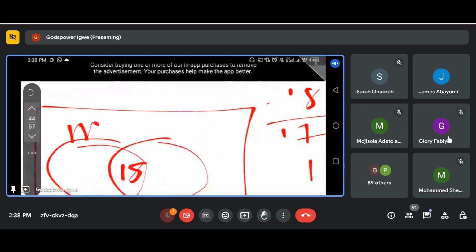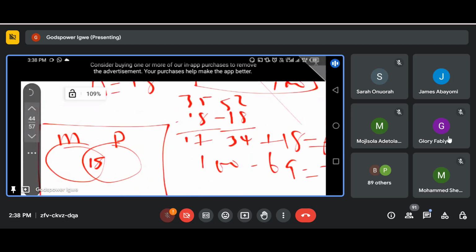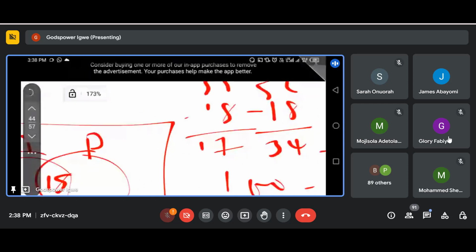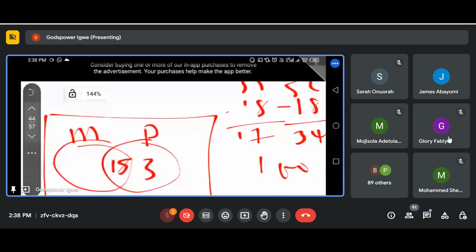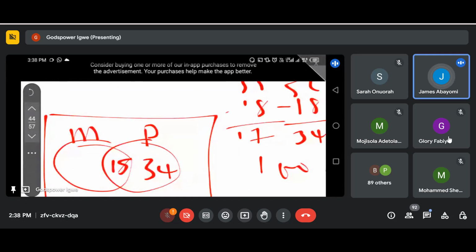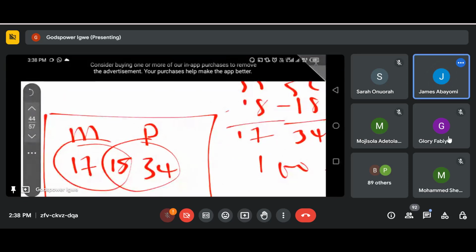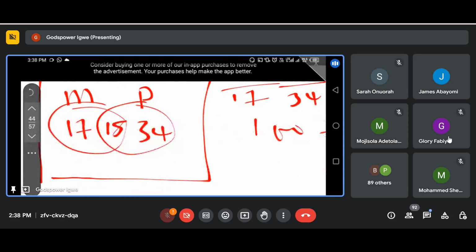Let me title this: this is set M, set P. So how many persons are left when we remove 18 from set P? We have 34. How many are left when we remove 18 from set M? We have 17. So how many persons in total are involved in this exercise of maths and physics?